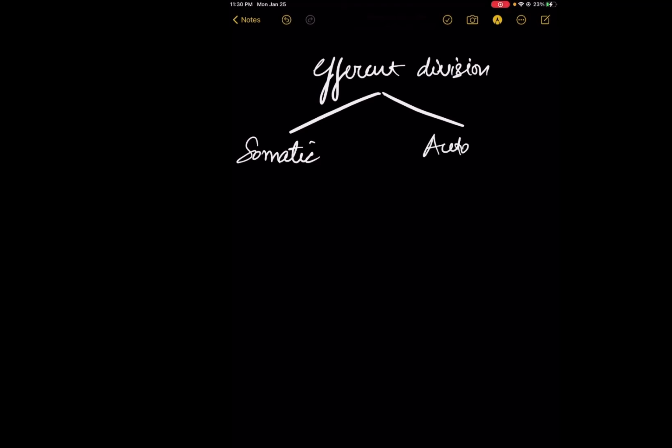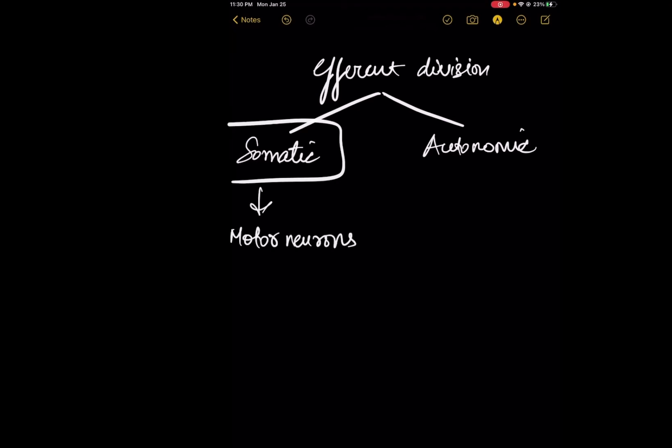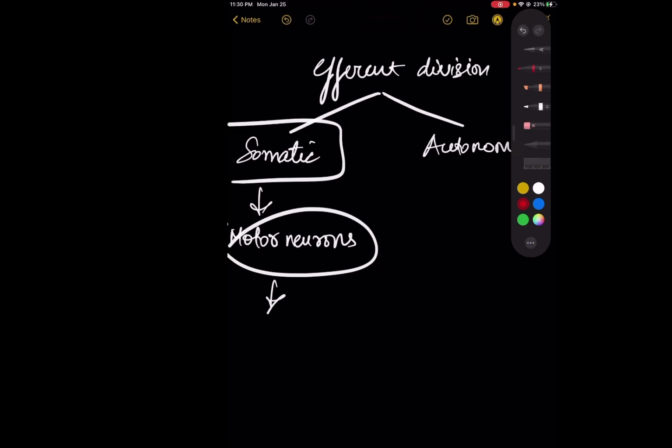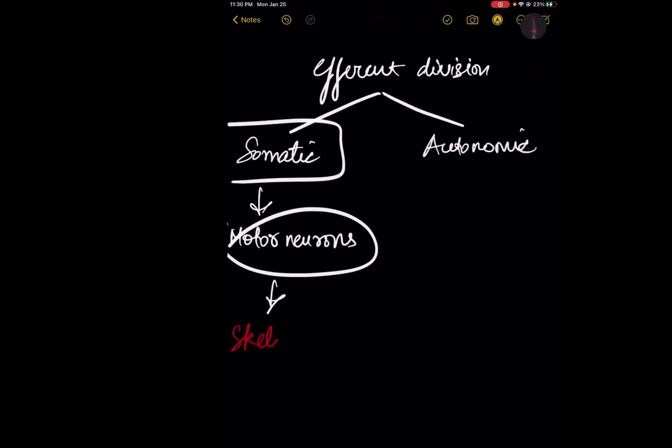In somatic, it's motor neurons. What are motor neurons? Take it as skeletal muscles. So the somatic nervous system is for motor neurons, and motor neurons act on skeletal muscles.